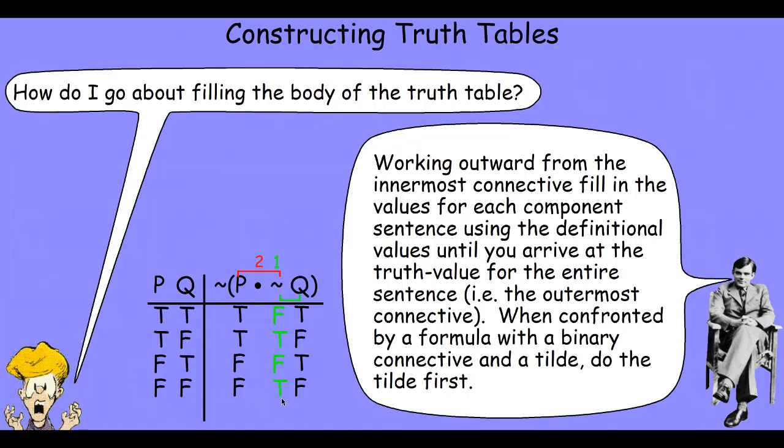So we look under our tilde, we look under our P. Our rule for the dot is, can you say it? If not, rehearse it. Conjunctions are only true if each conjunct is true. So when we look at this, we fill it in. See if you can fill it in.